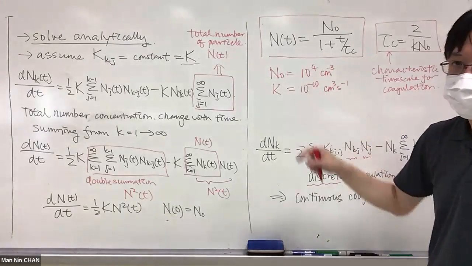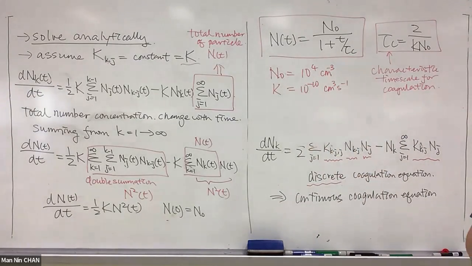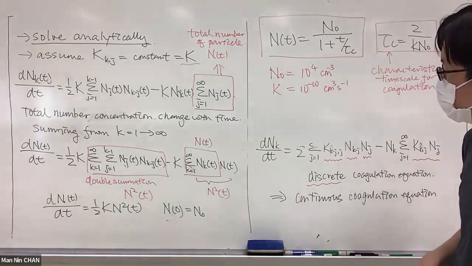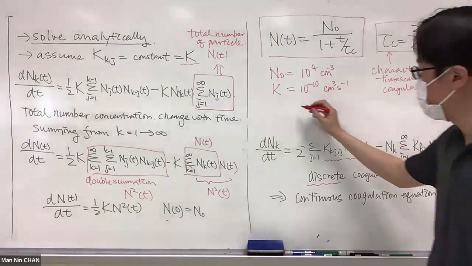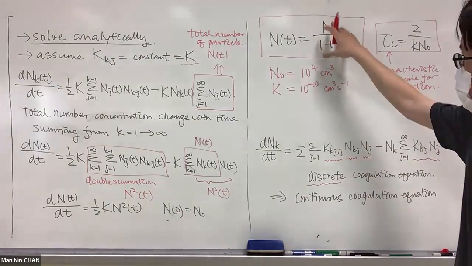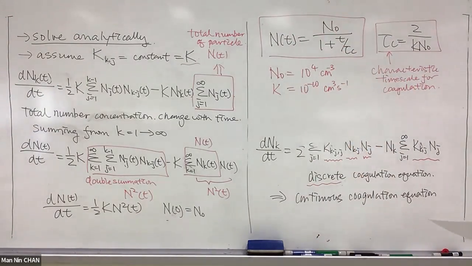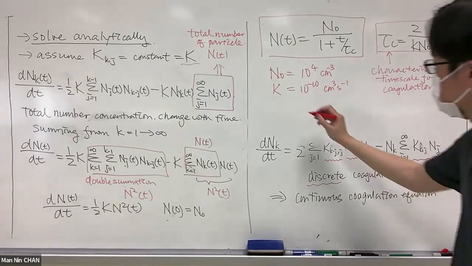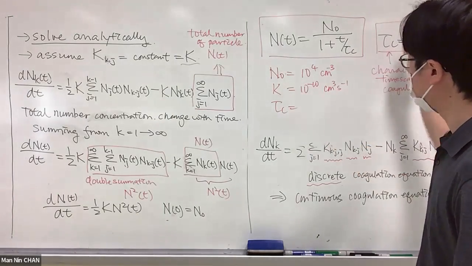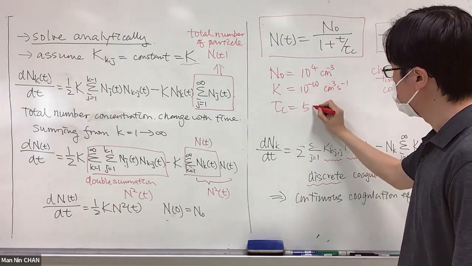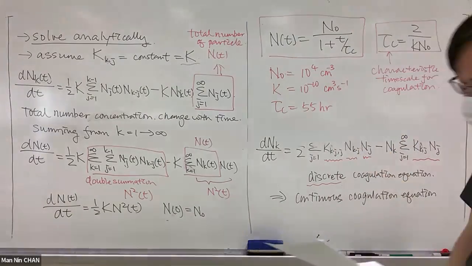This is more like the typical atmospheric condition; we just try to do some lower limit here. If you calculate this tau c, it's about 55 hours.